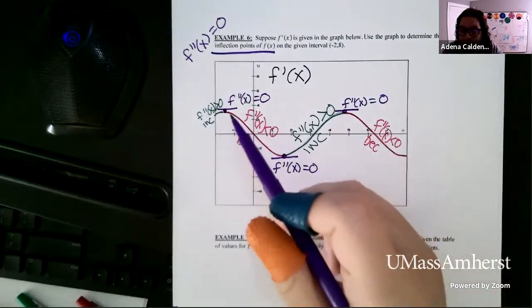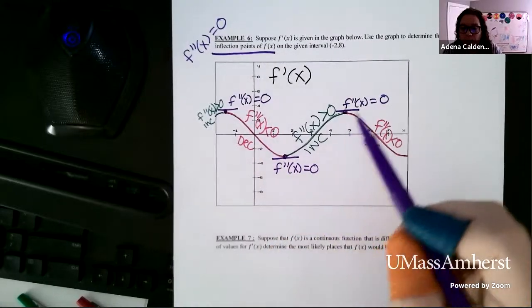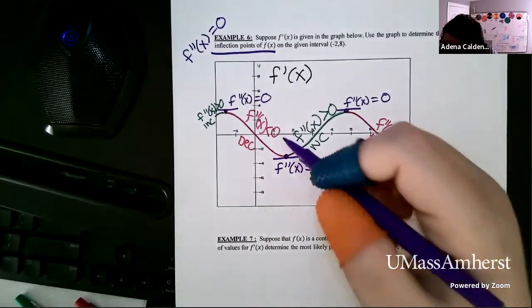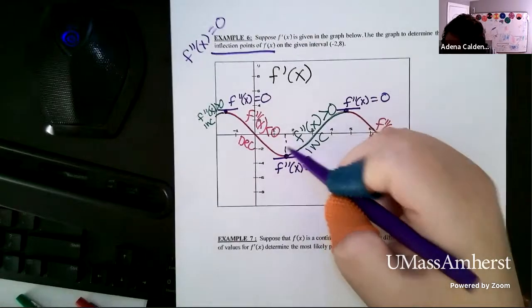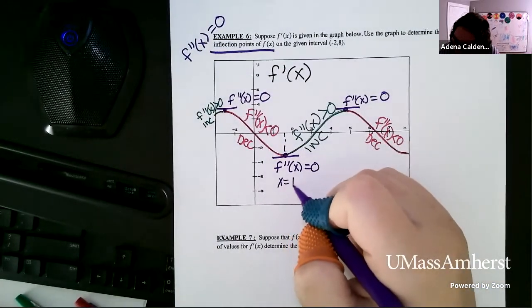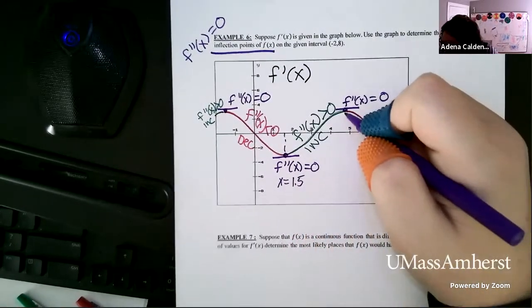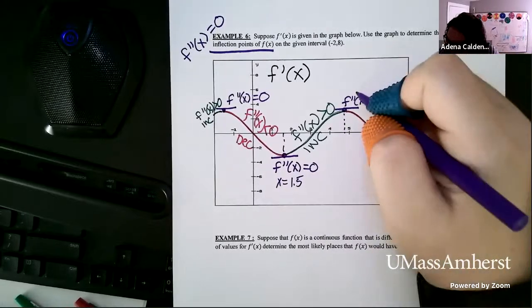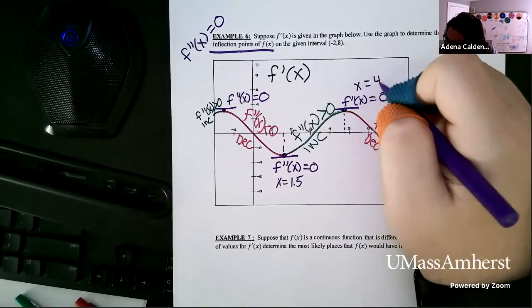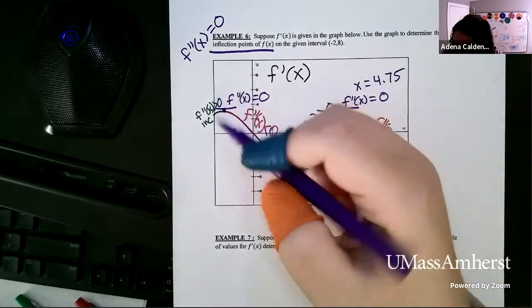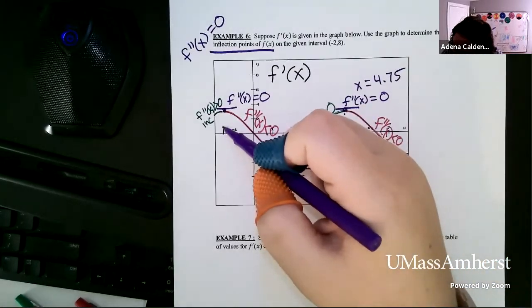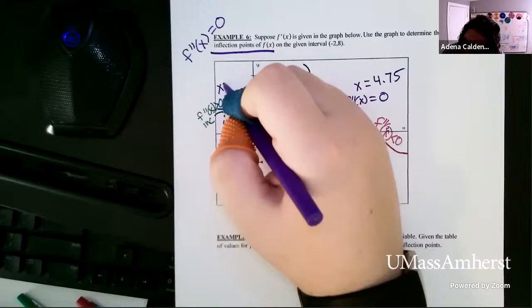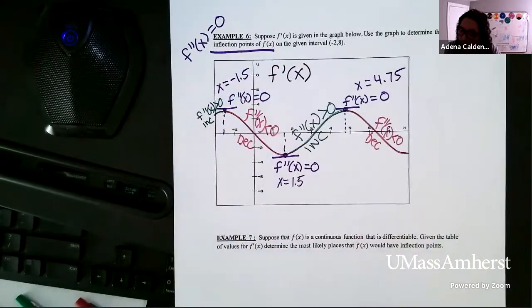So the three places where the second derivative equals 0, we can get by finding these horizontal tangent lines. So this looks like x equals 1.5. Oh no, we'll call this x equals 4.75. It doesn't have to be exact. This is x equals negative 1.5, something like that.